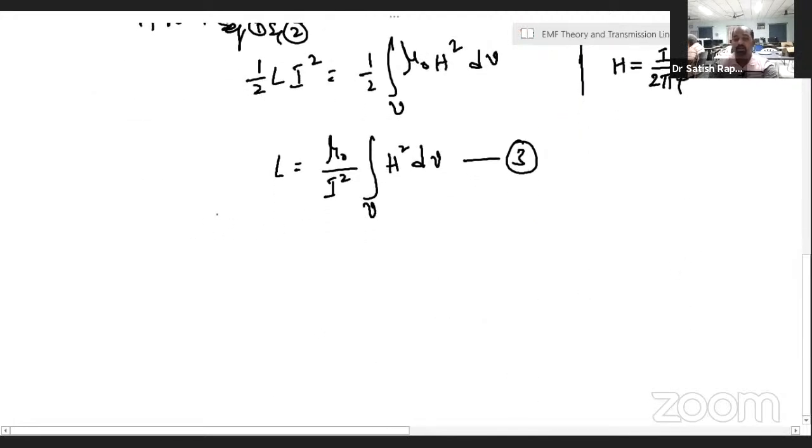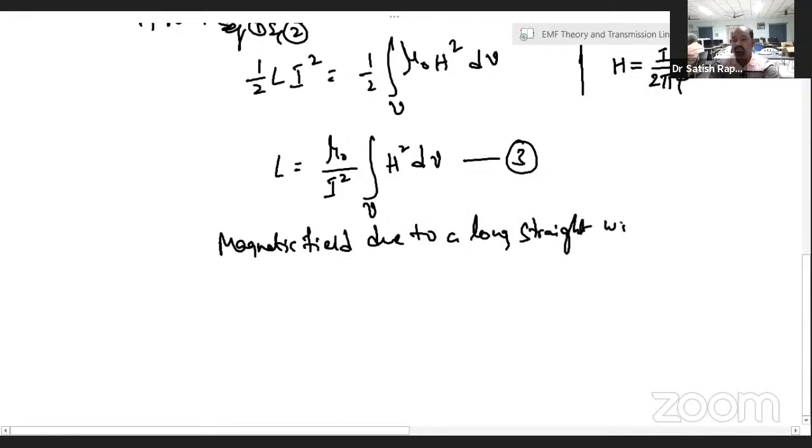Therefore, the magnetic field due to a long straight wire is given by H is equal to I by 2 pi rho.